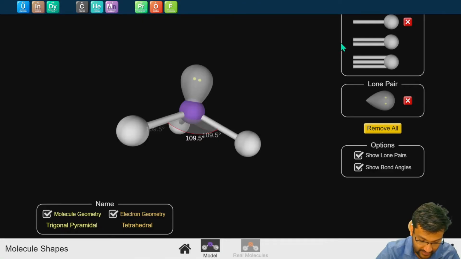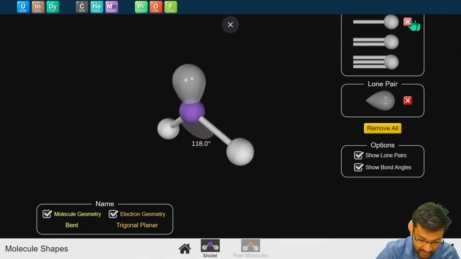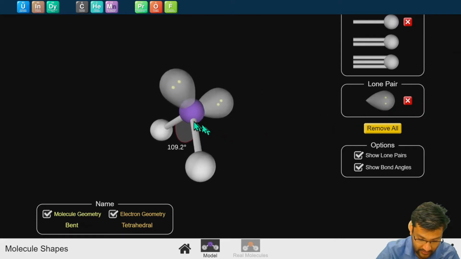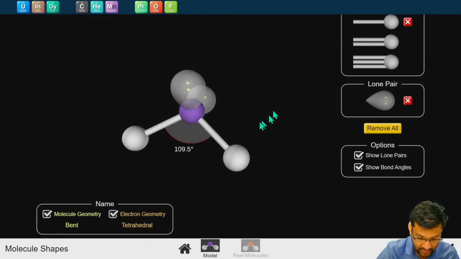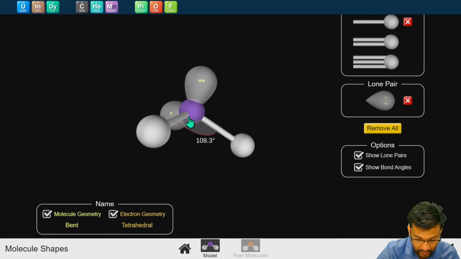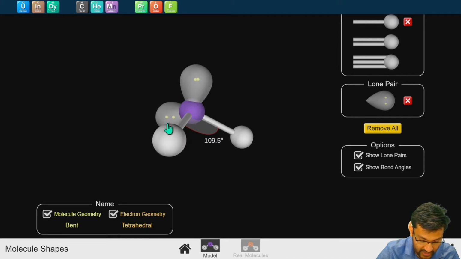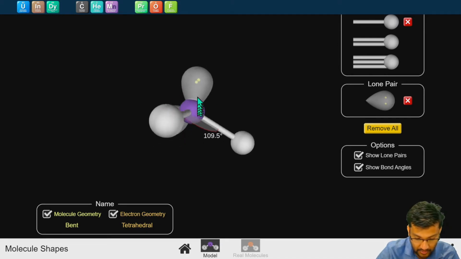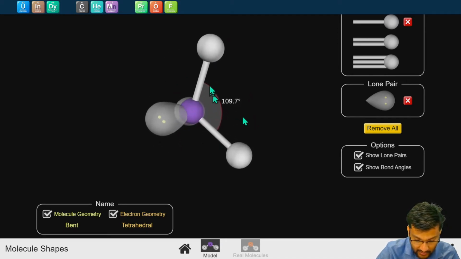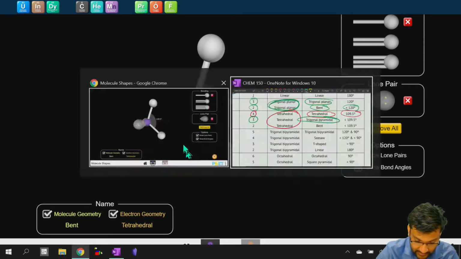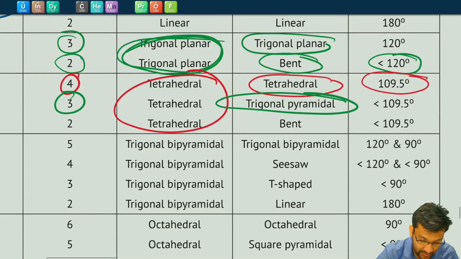And then again, if you remove one of the bonds and replace it with a lone pair, you'll have a bent structure, just like this V-shaped structure. Remember, these little lobes here with the 2 dots in them are lone pairs. There are no bonds there, actually. So we'll have this bent structure. That's why it's called bent. But the angle is different from the bent structure we talked about earlier.